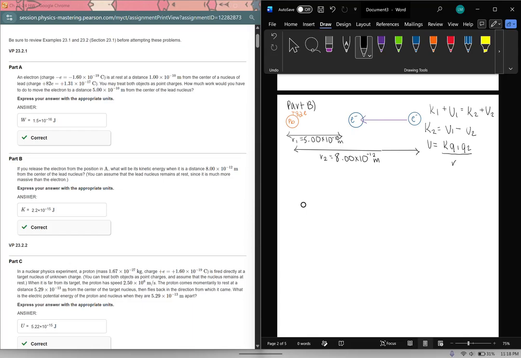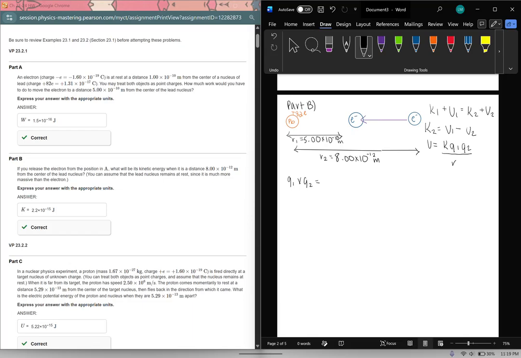So we're going to solve it. Let's first start by multiplying Q1 times Q2. In part A, right here, negative e is equal to negative 1.60 times 10 to the power of negative 19 coulombs.